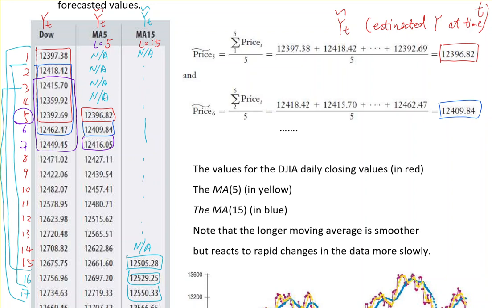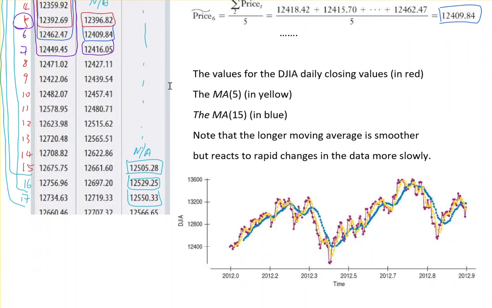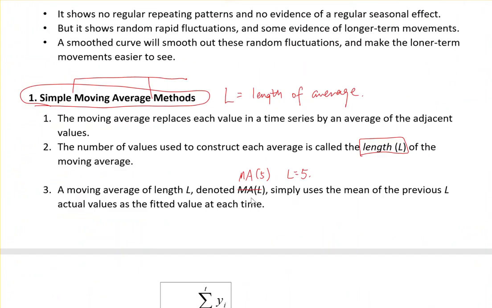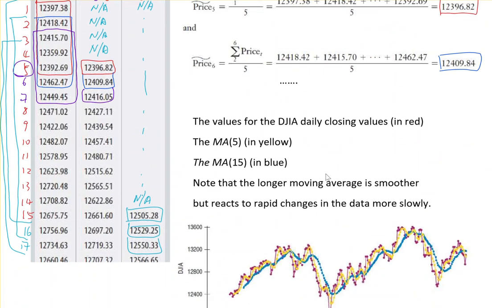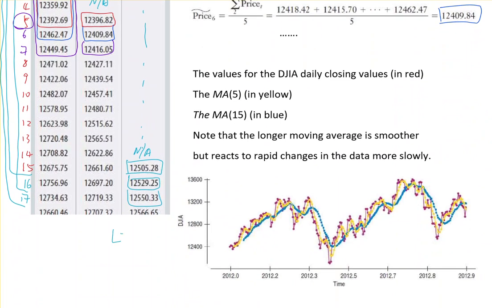Now my question is, I have this plot. This is still the same DJI time series, but now based on L equals 5 and another L equals 15, I plot these values in the same time series, and you will have two smoothed lines, right?